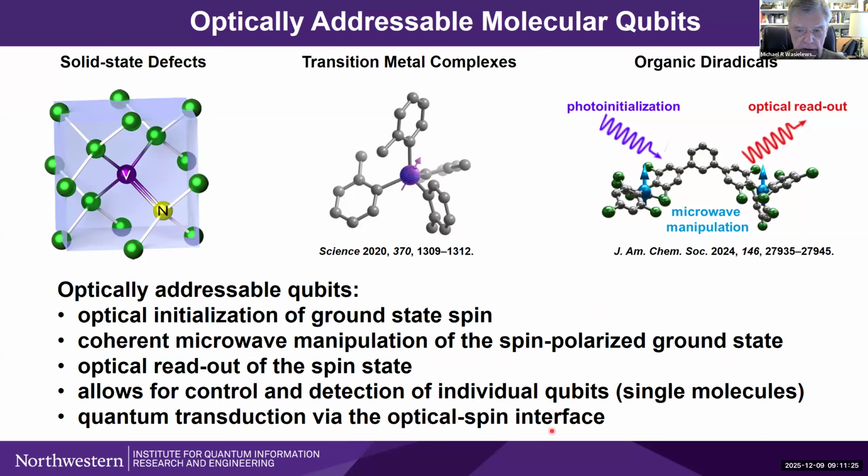And of course, this is a form of transduction. So if you had information that was encoded in your optical probe, then that might actually be transmitted to spins as well. So the idea of doing transduction with this system is quite appealing.